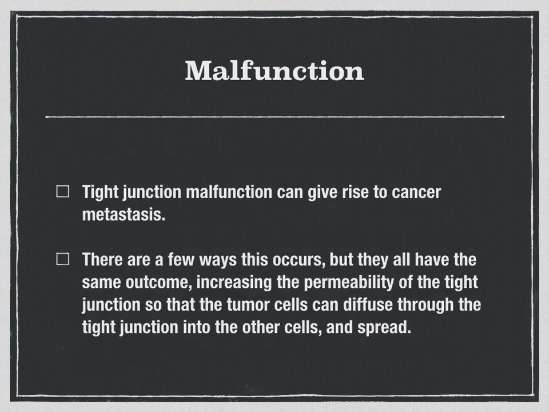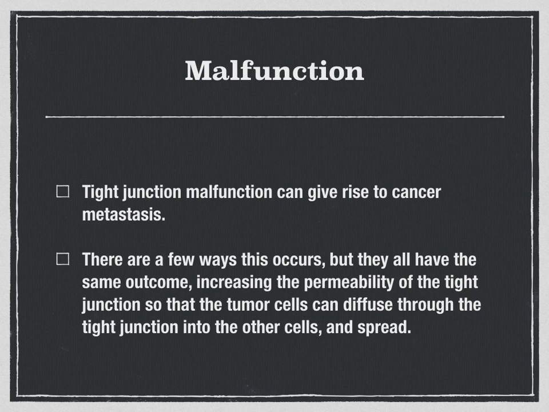And sometimes these tight junctions can malfunction, and one of the diseases I found that can arise through the malfunction of a tight junction is cancer. There are various ways it can affect the tight junction, but they all have the same purpose, which is to increase the permeability of the tight junction so that malignant tumor cells that break off from the tumor can pass through the tight junction and spread, which is known as metastasis.